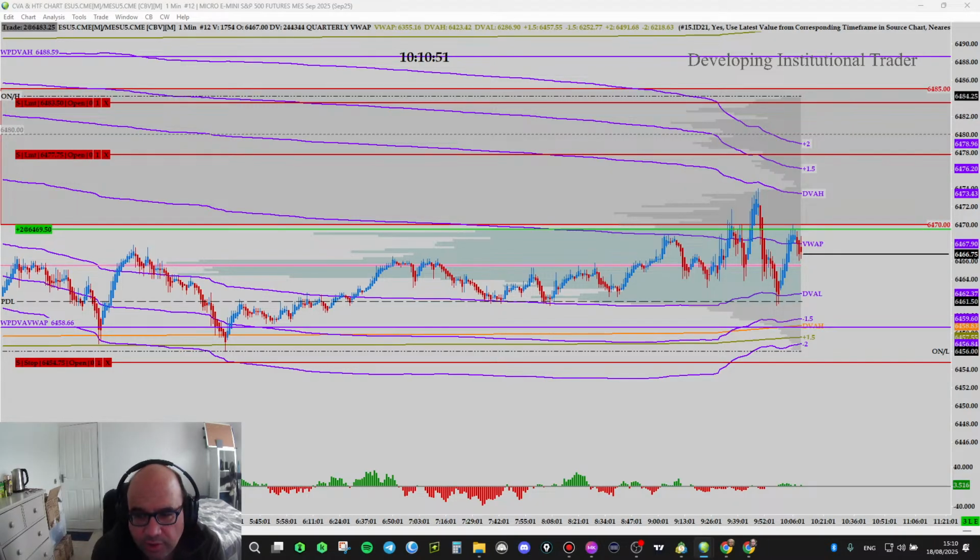So we see that the price still continues to be in a very small range, just chopping around, probably creating a base.